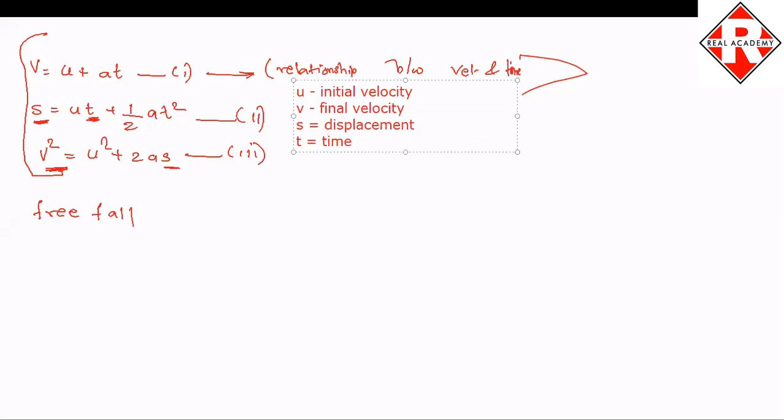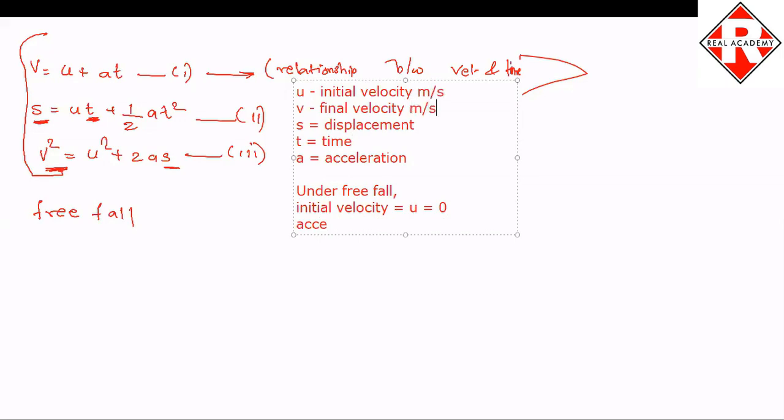Now, if you are considering a free fall, we just saw that the initial velocity u is always equal to 0. Also, I did not mention a: a stands for acceleration. Initial velocity is given in meters per second.